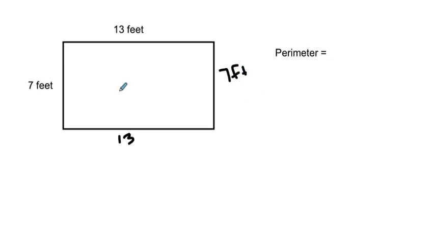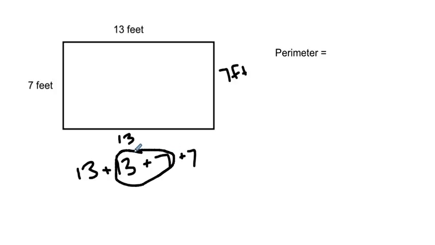Remember, to find the perimeter, we find the length of all the sides and then we add them together. So we're going to do 13 plus 13 plus 7 plus 7. Well, I know that 7 plus 13 makes 20.